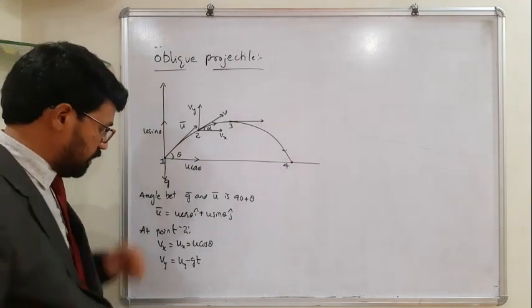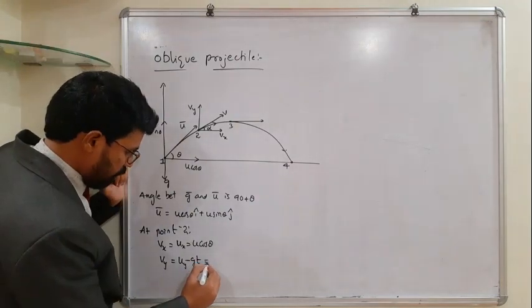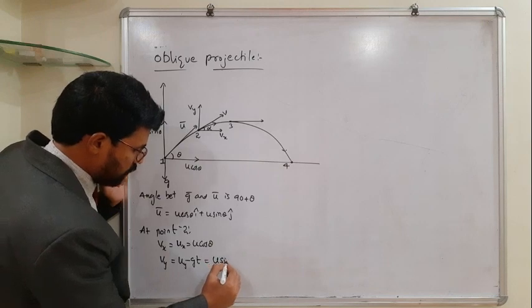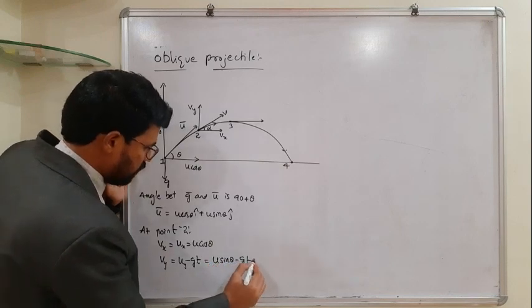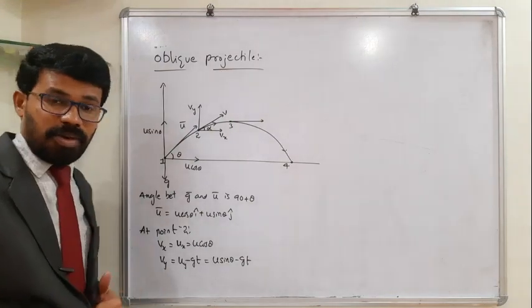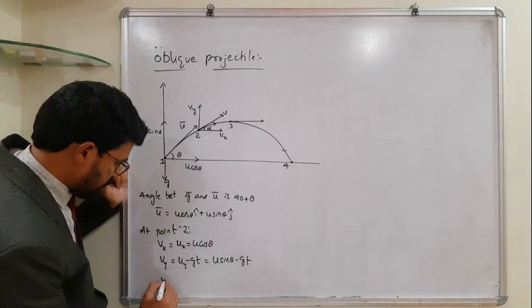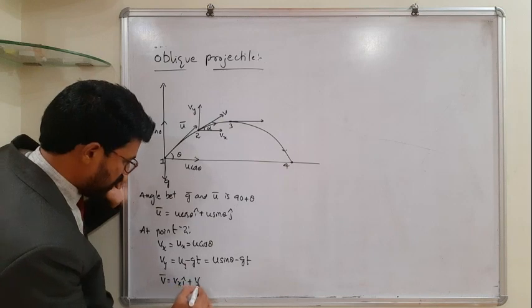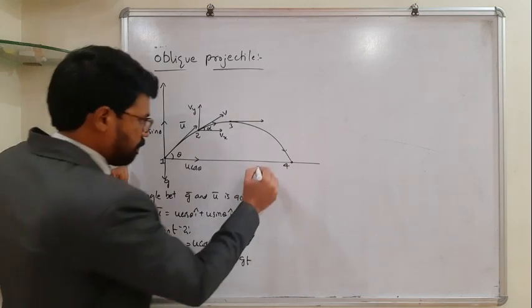How can this be further modified? Uy is the initial velocity along the vertically upward direction, which is u sin theta, minus gt. So that's how the vertical component can be written. And what about the total velocity? This total velocity in vector form can be expressed as Vx i cap plus Vy j cap.